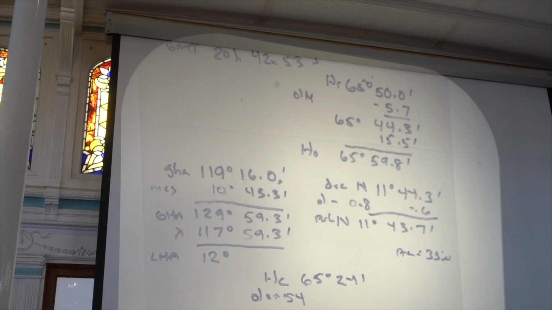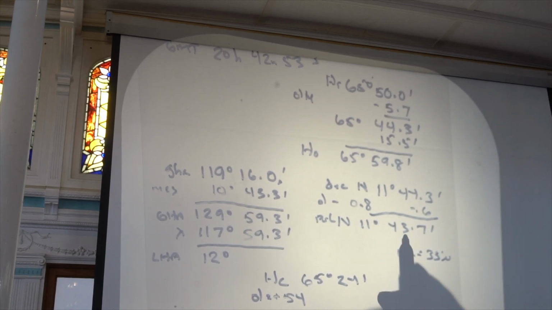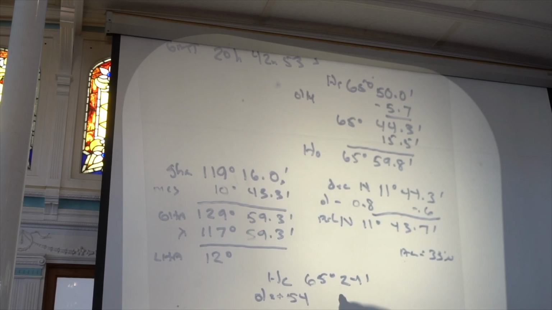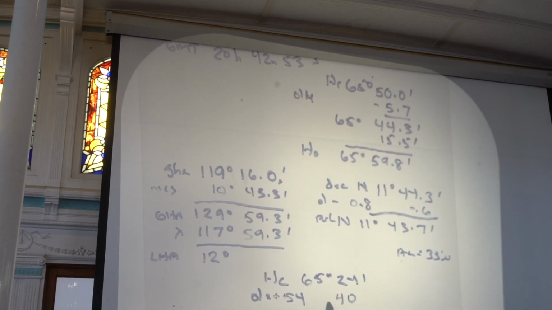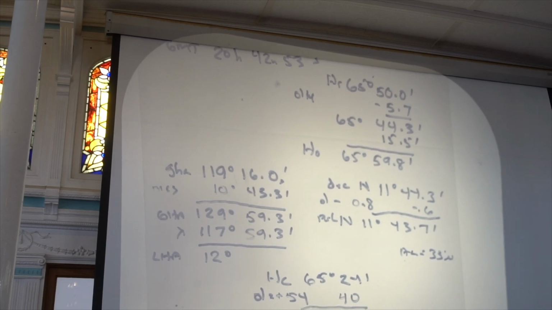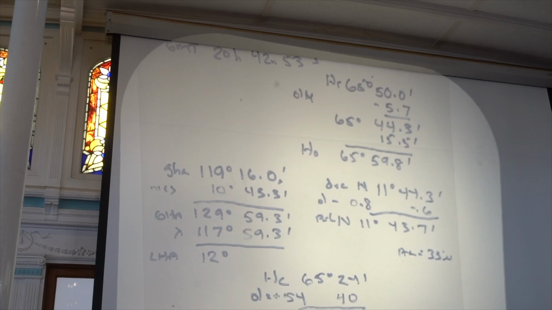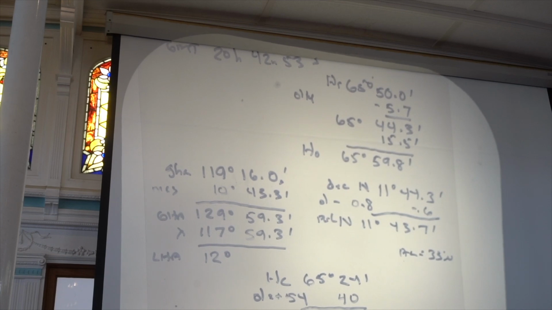I got 40, but I might have actually used 43 instead of 44, but I'm going to say it's 40. It's only going to be a little bit off. So the HC then is 65 degrees, 64 minutes, right? Which is the same as the 66.